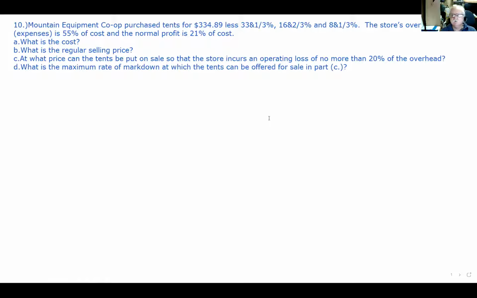The store's overhead expenses are 55% of cost and normal profit is 21% of cost. So first off, we have to figure out how to deal with these stupid discounts, because they've done this to ruin your day for sure.